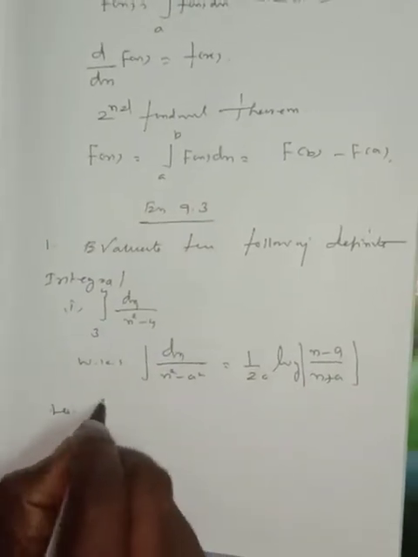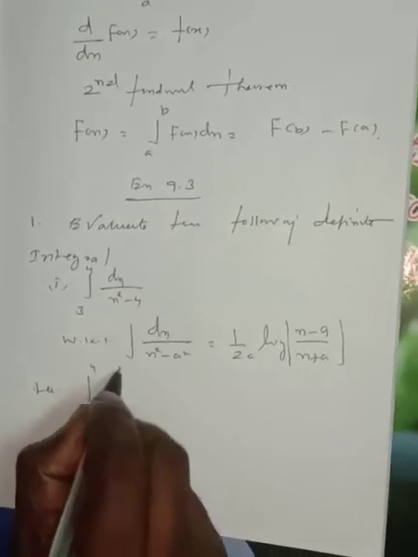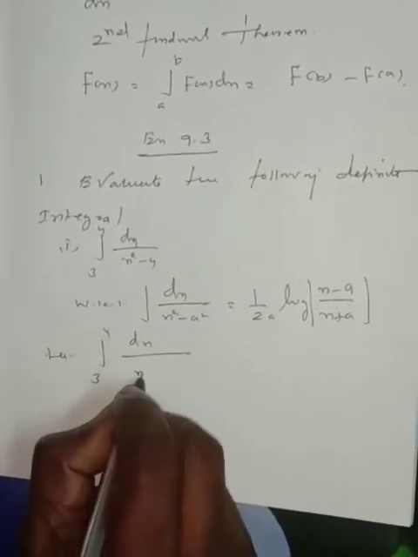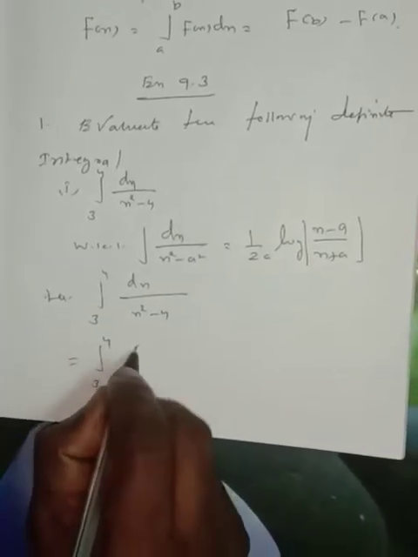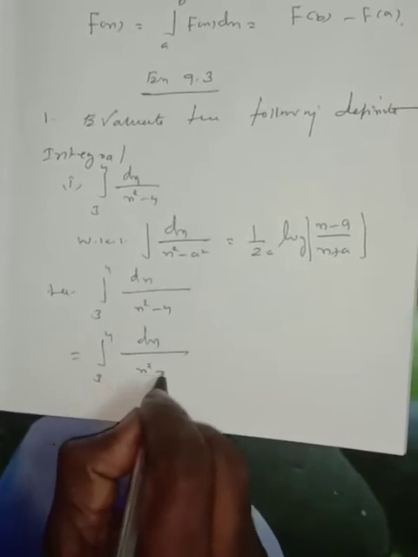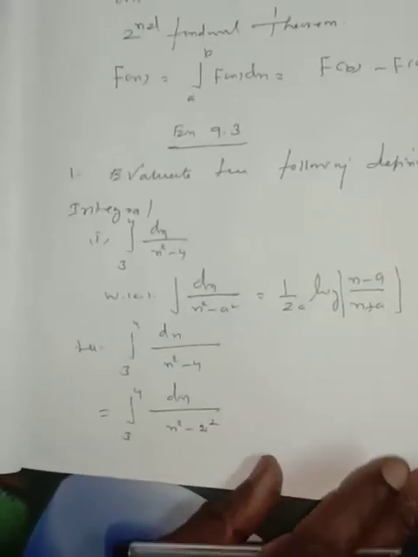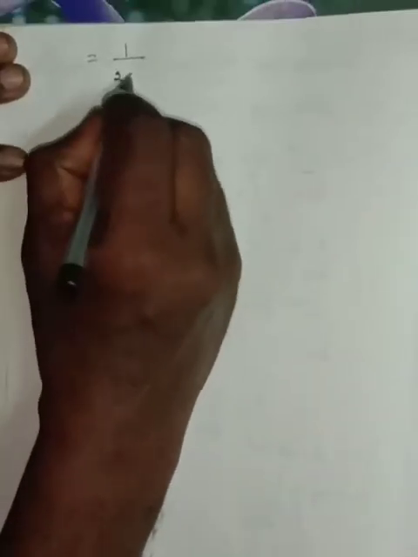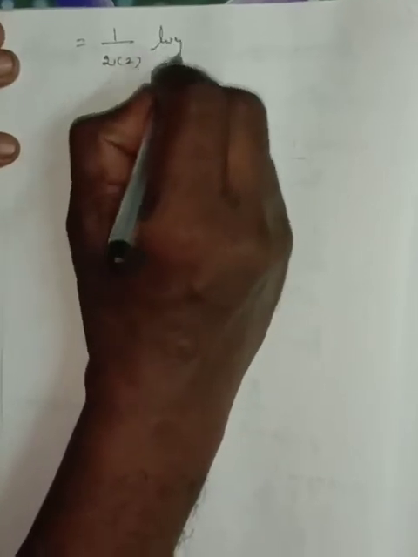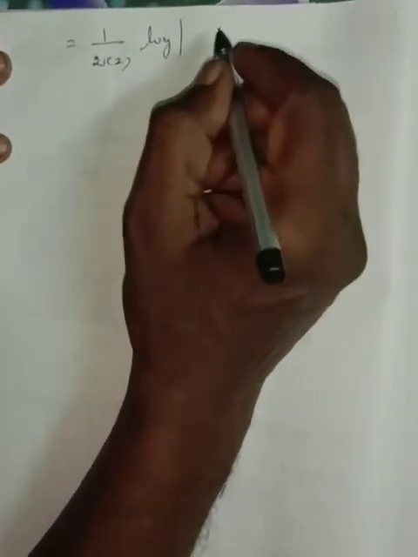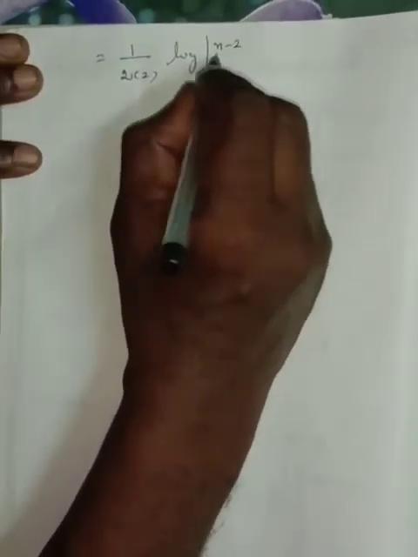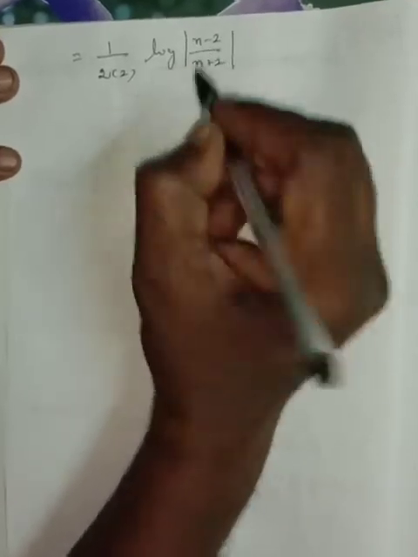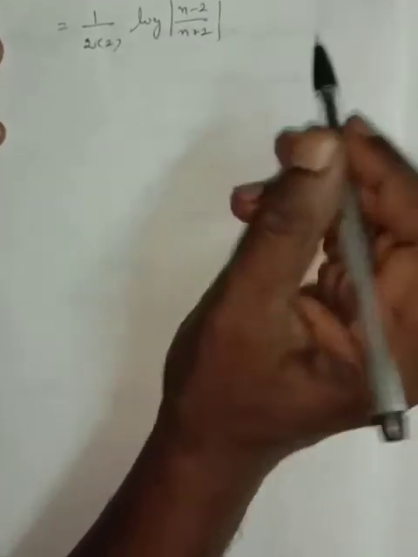Let the integral from 3 to 4 of dx divided by x square minus 4. This means the integral from 3 to 4 of dx divided by x square minus 2 square. We have 1 by 2a, that is 1 by 2 into 2, log of x minus a divided by x plus a, in this case x minus 2 divided by x plus 2, taken over the limit 3 to 4.